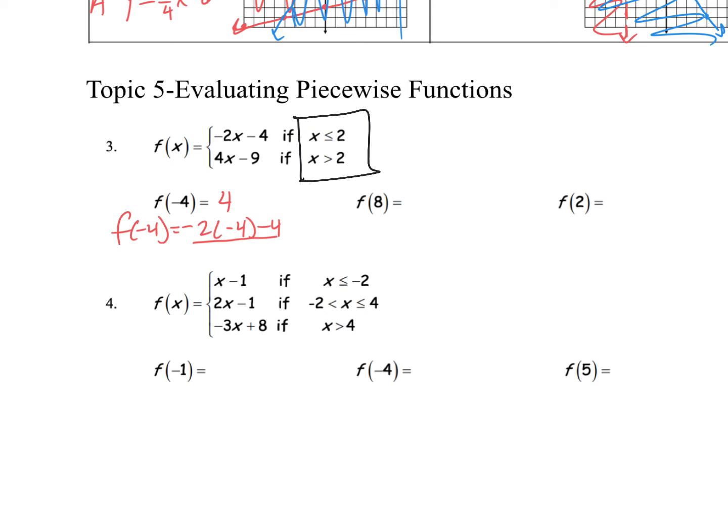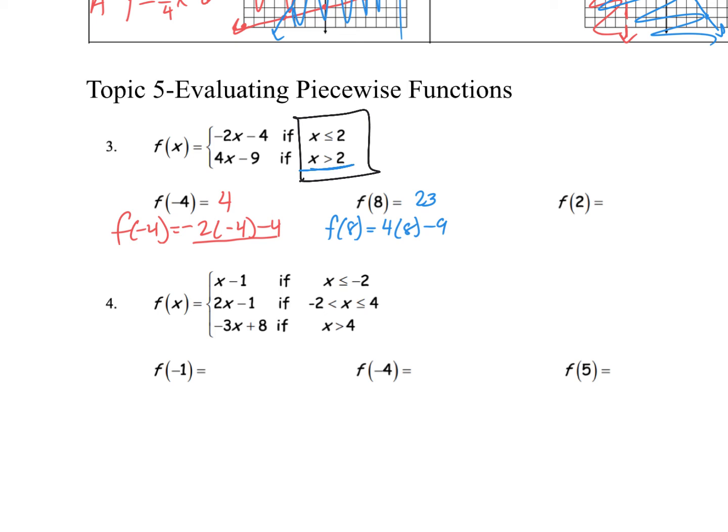Part 2, or B, here, we've got f of 8. Well, 8 is greater than 2. So we're going to use this second function. F of 8 equals 4 times 8 minus 9. That's 32 minus 9, which is 23.